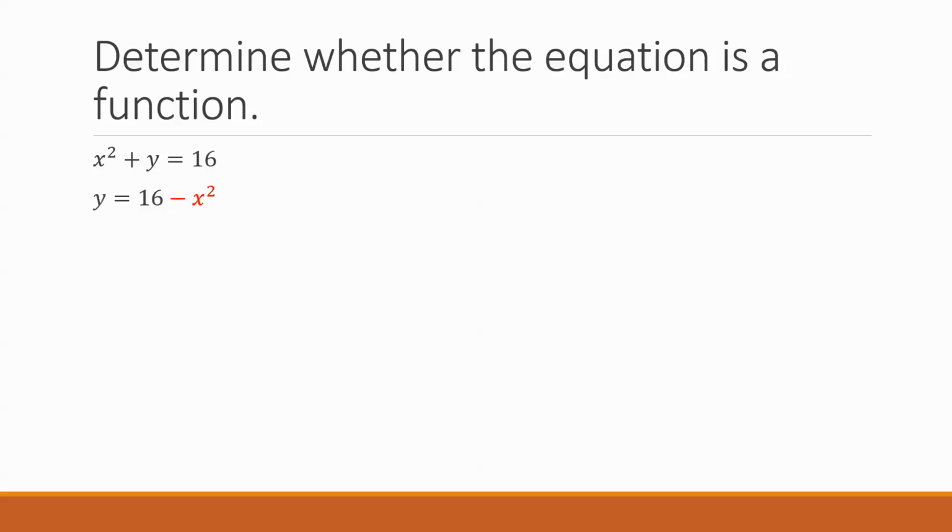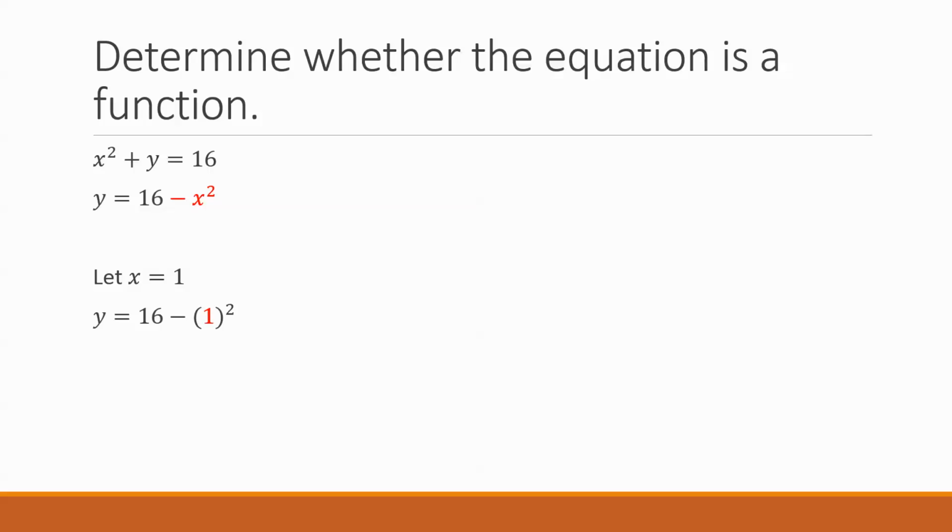Now we could pick any value, let x equal a particular number, substitute it in, and see how many solutions we get out for y. If we let x equal 1, for example, we substitute 1 in place of x. That gives us y equals 16 minus 1 squared.